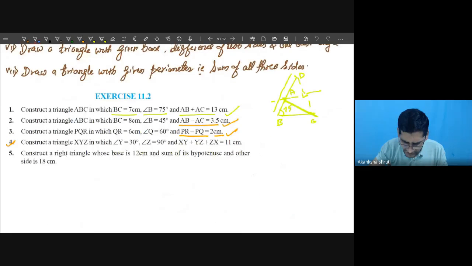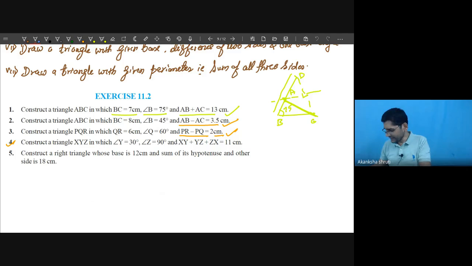See question number 4. XYZ you have to draw. Angle Y is 30, angle Z is 90, and the sum of the three sides is 11. Under this condition, we have to draw the triangle.